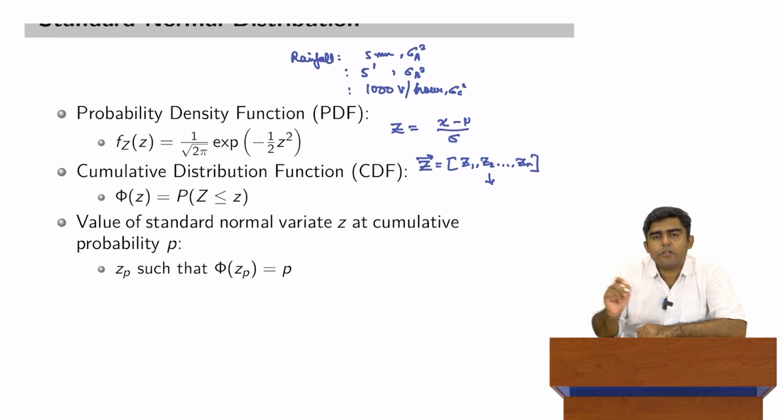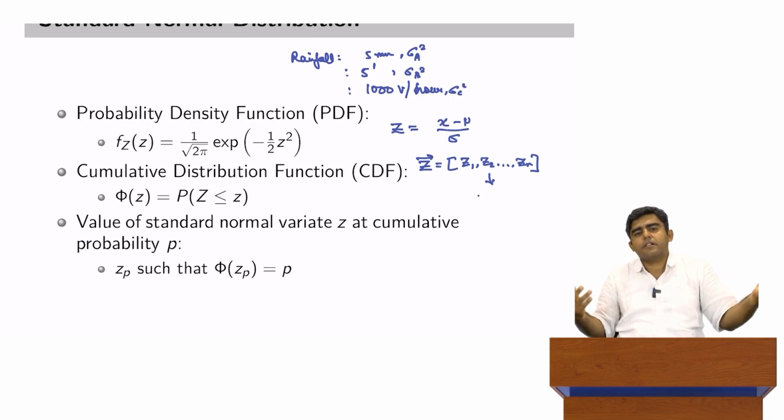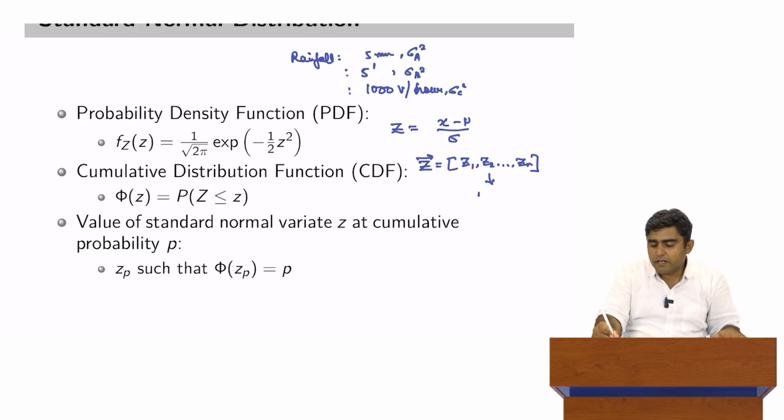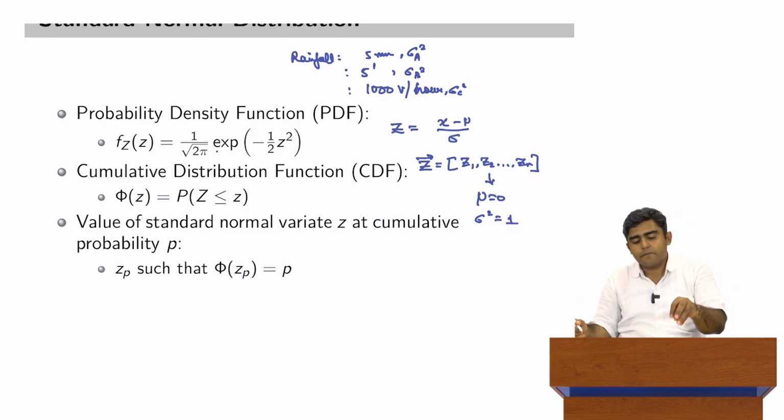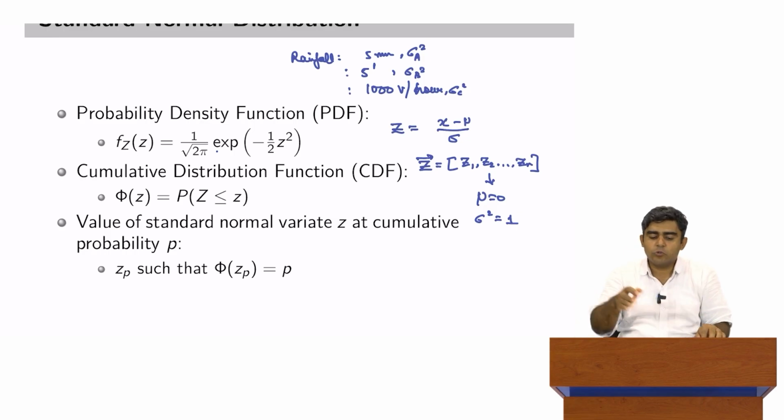This particular series or vector, we sometimes call a time series, sometimes we call it a vector or series itself, depending on the context. It will have mean equal to 0 and standard deviation or variance equal to 1. And we say that we have normalized the original vector into a standard normal distribution sample, assuming that the original data was actually following a normal distribution or the original samples were coming from a normal distribution.